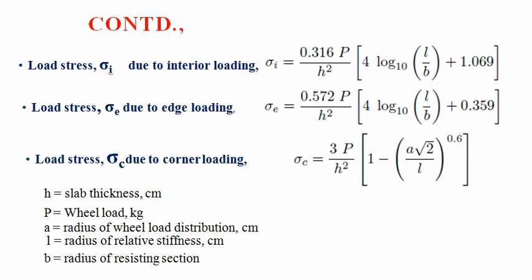The load stress at the interior due to interior loading, sigma I, is given as 0.316 P upon H square, in brackets 4 log to the base 10 of L by B plus 1.069. Then the load stress sigma E due to the edge loading is given as 0.572 P upon H square multiplied by 4 log to the base 10 of L by B plus 0.359.